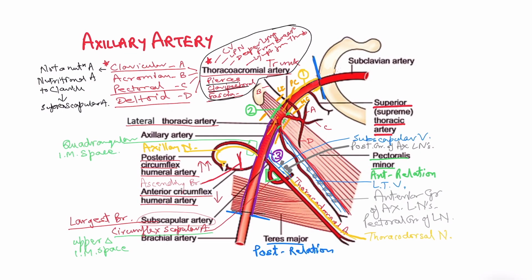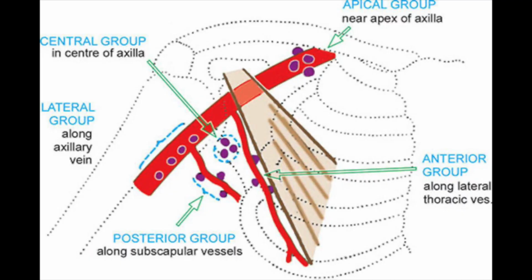Just a few more important points I'm reminded of. Why not cover the entire group of axillary lymph nodes, because the relations are commonly asked. So I have taught you about the anterior and posterior axillary lymph nodes. Remember, there's a lateral group of axillary lymph nodes as well, and that lateral group will actually lie along the continuation of the axillary artery, in medial relation to the neck of the humerus, right?